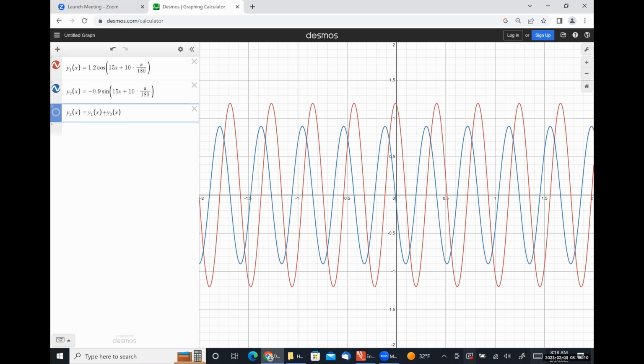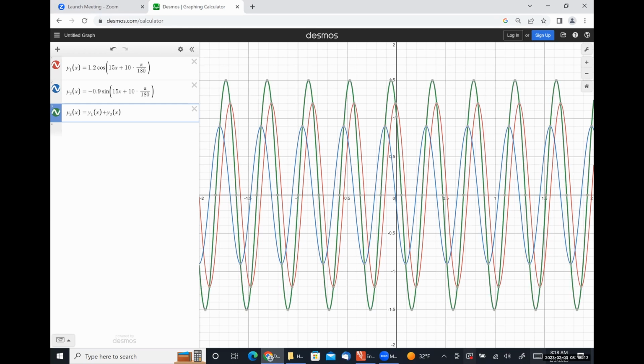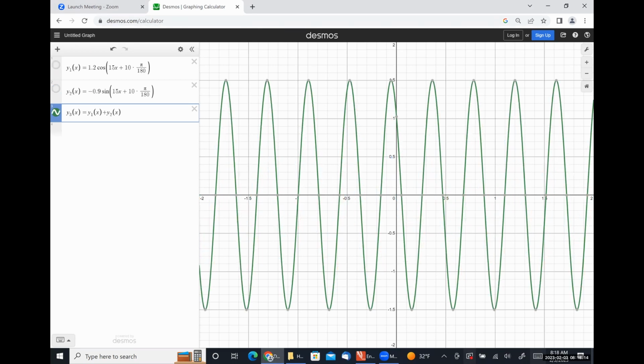Well, if I add those two signals together, let me turn these off, it is a single sinusoid. So the question that I have now is, how do we take what we have mathematically determined and convert that into a single sinusoid? Yes.